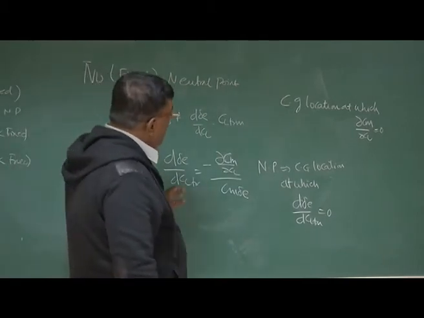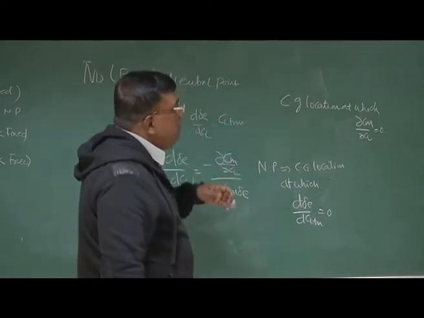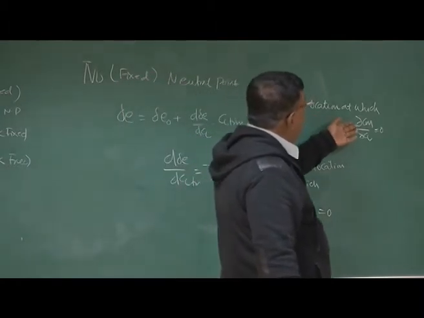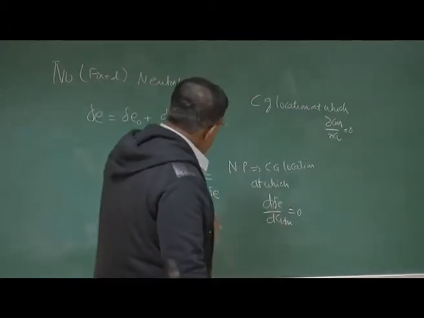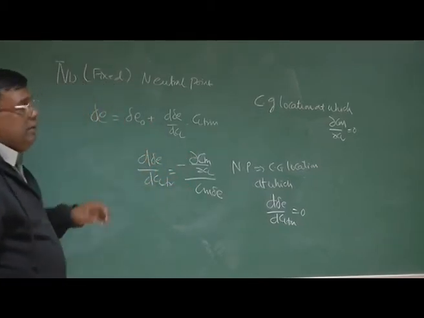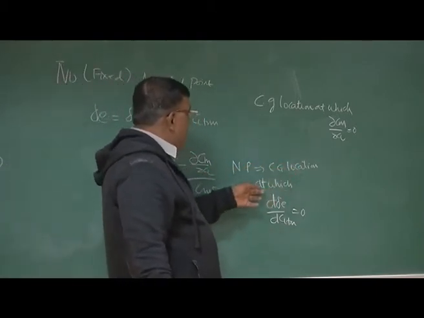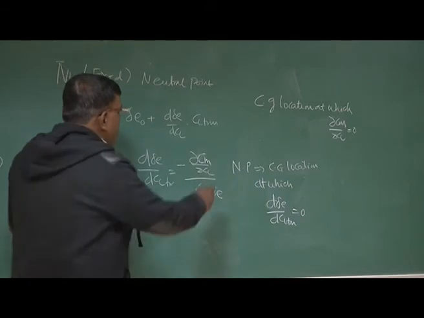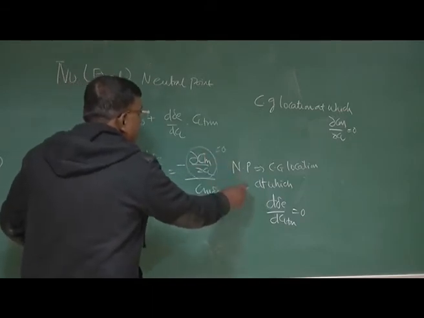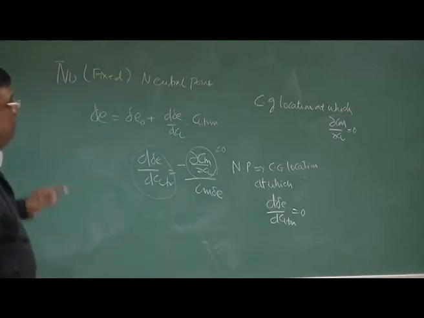Right? So what is the message now? If I want to estimate neutral point, I know neutral point is that CG location at which dCm by dCl is 0. I also know d delta E by dCl trim is given by this. So I translate that definition approximately here, and I say neutral point is that CG location at which d delta E by dCl trim is 0. This concept I use for measuring neutral point stick fixed.